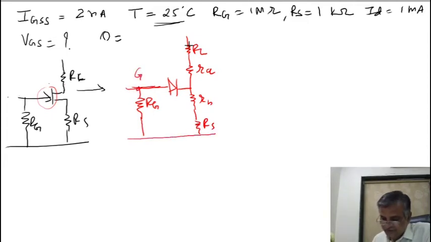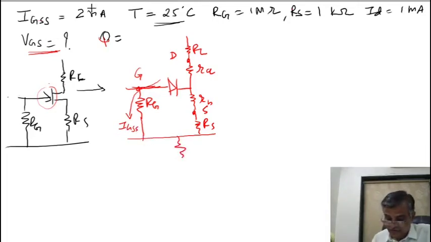This is the gate, this is the drain, and this is the source. I want to find the value of VGS, the operating point, for this data. It is very simple. Current IGSS flows like this. This is ground, and this voltage is called the gate to source voltage.